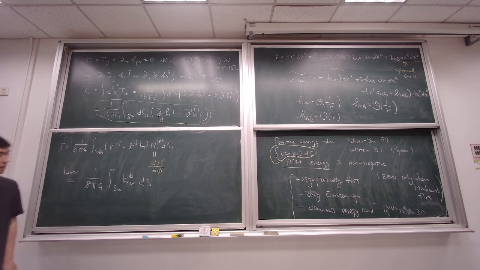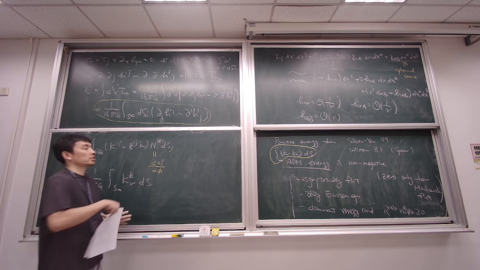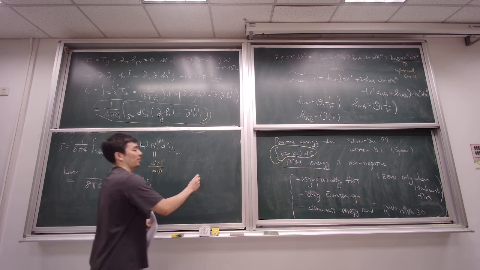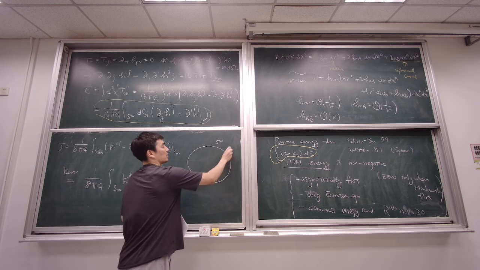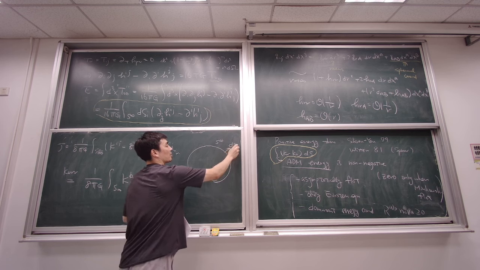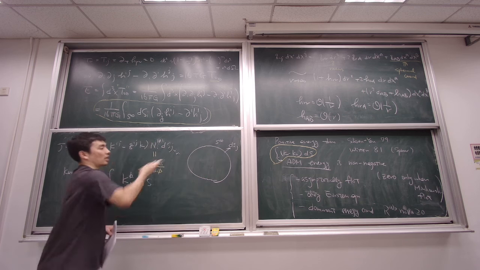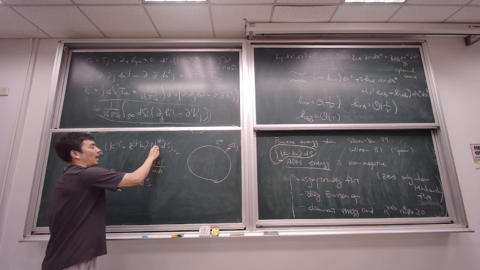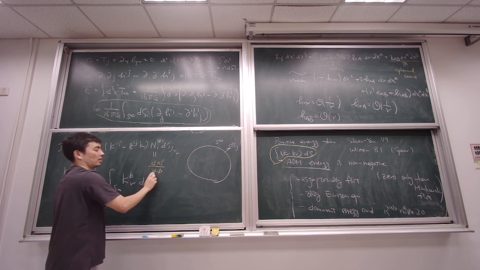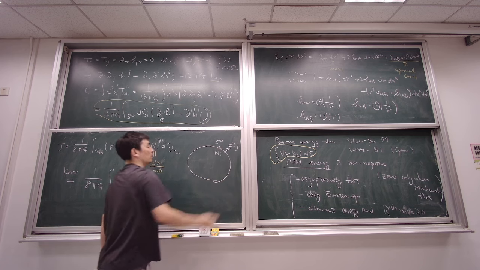So the j index is equal to r, because dS_j is pointing outward, and the i index is the phi direction, so this is the phi integral.